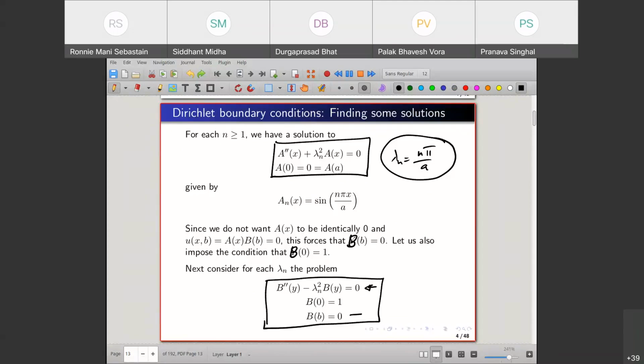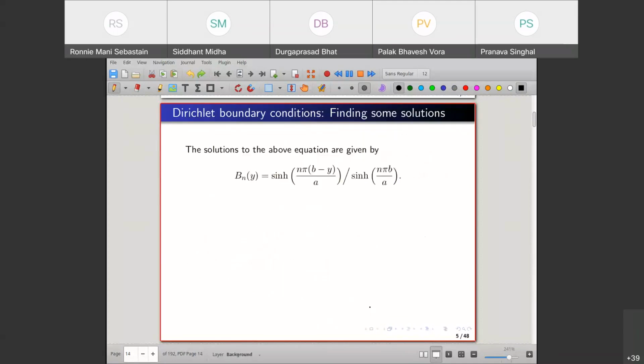This condition is there and this condition is there, but we put this additional condition, b of 0 is equal to 1. The solutions to the above equation are given by b of y equal to sine hyperbolic, where sine hyperbolic x is equal to e to the power x minus e to the power minus x by 2.